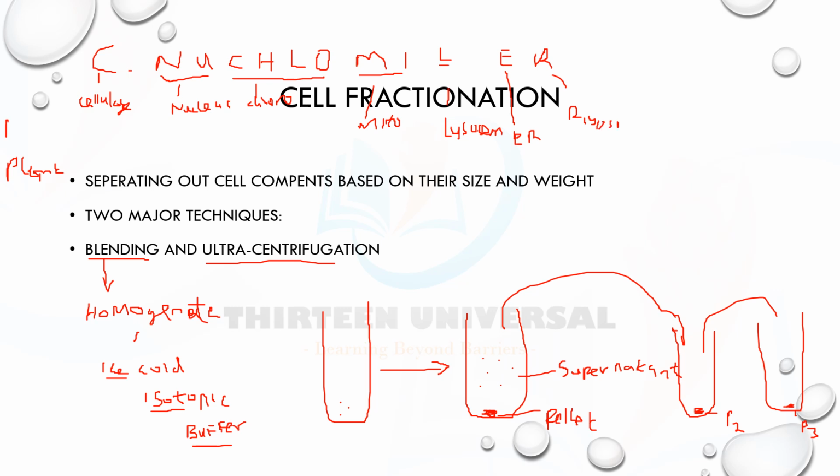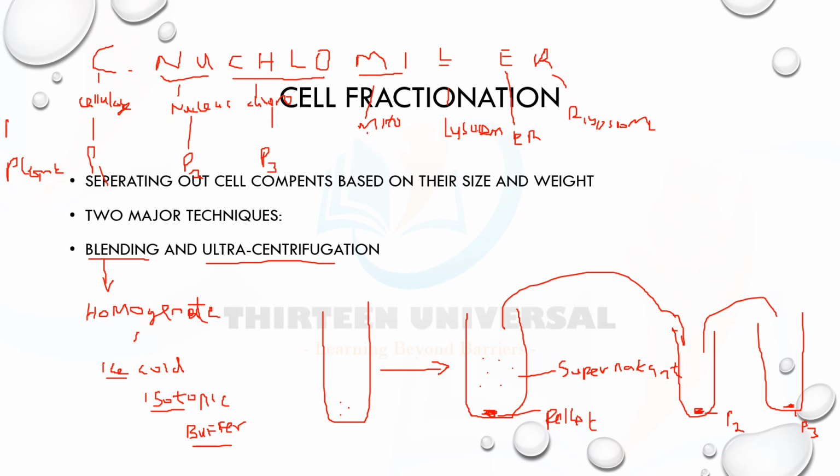So guys, let's play this game. If I'm doing it with plants, pellet 1 is cellulose. That's the first one to come out. I'll spin at a higher speed after separating it. Pellet 2 is going to be my nucleus. Pellet 3 is chloroplast, if it's a plant like an apple.